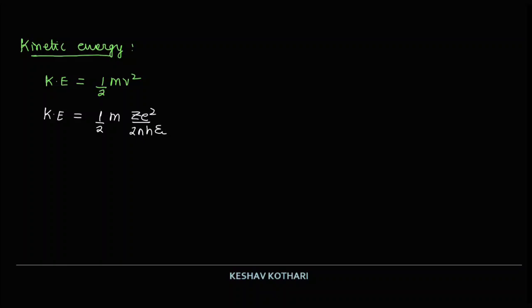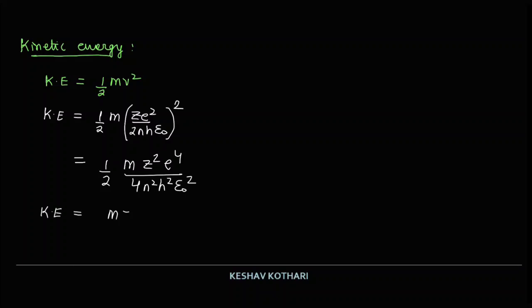So we are putting the value of velocity that we have evaluated earlier, and we are squaring this term. So we attain half m z square e to the power 4 upon 4 n square h square epsilon naught square, and hence the kinetic energy turns out to be m z square e to the power 4 upon 8 h square epsilon naught square n square.